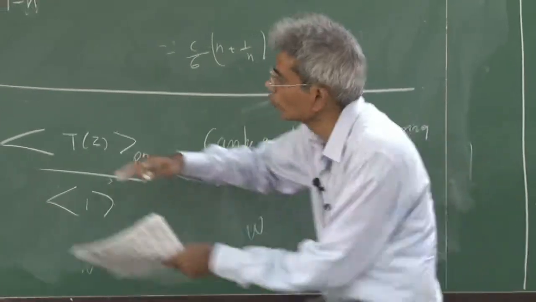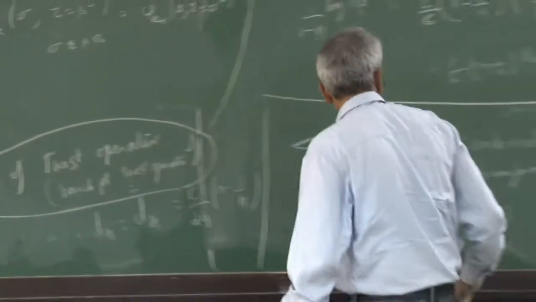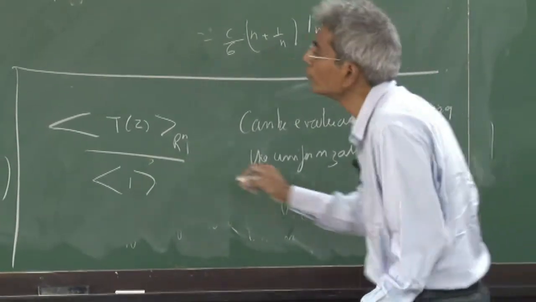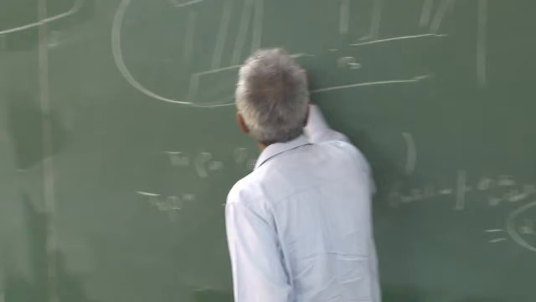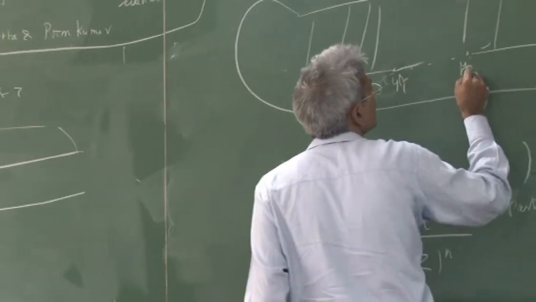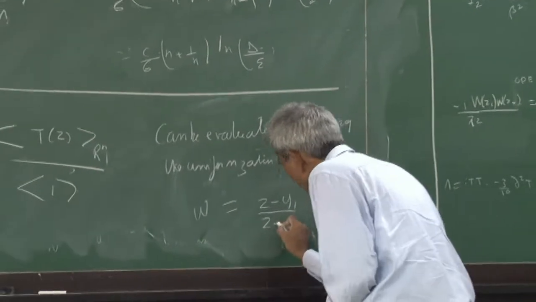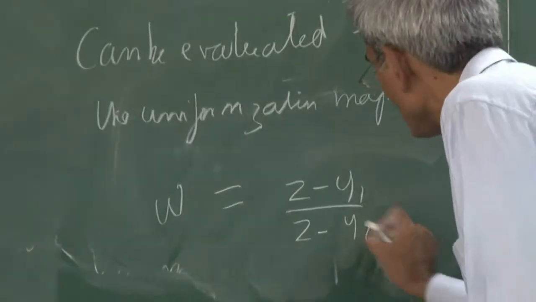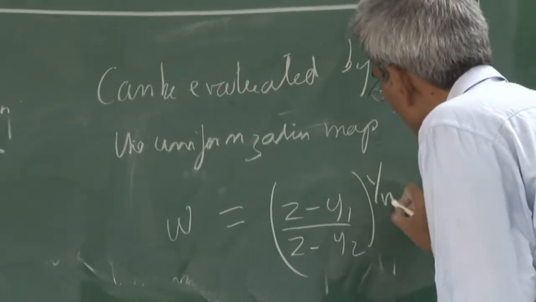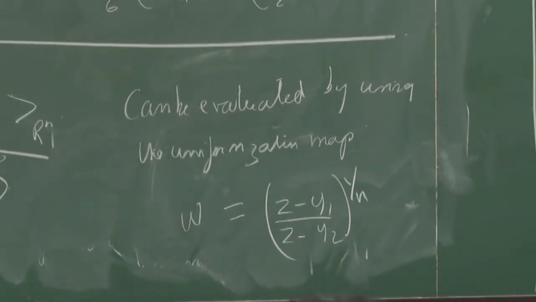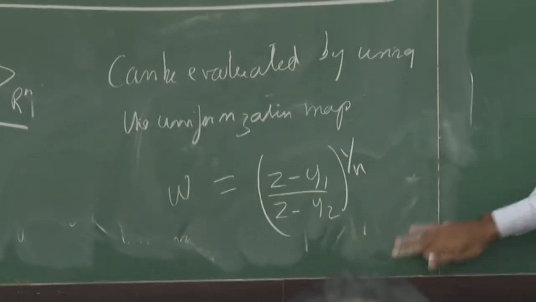It is basically mapping this multi-sheeted surface to one complex plane, where y1 and y2 are the locations, say, of the endpoints. So, here is the map. You can see it is like an n-fold covering map, 1 by n. I mean, you can imagine the square root, which you sort of teach in the complex analysis course. Yeah, it is a generalization of that.